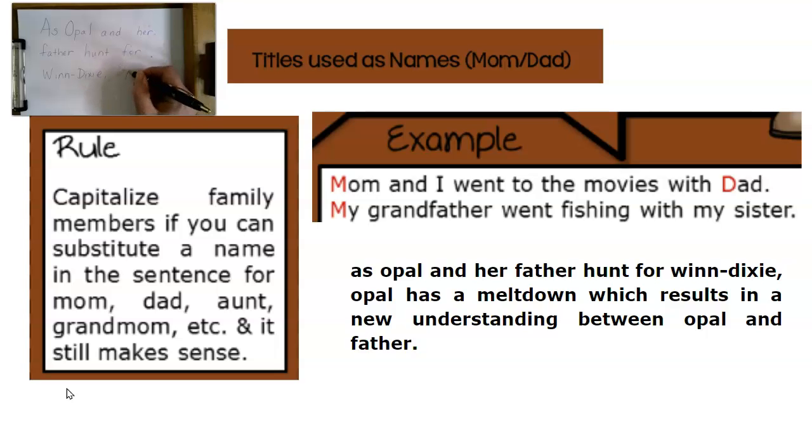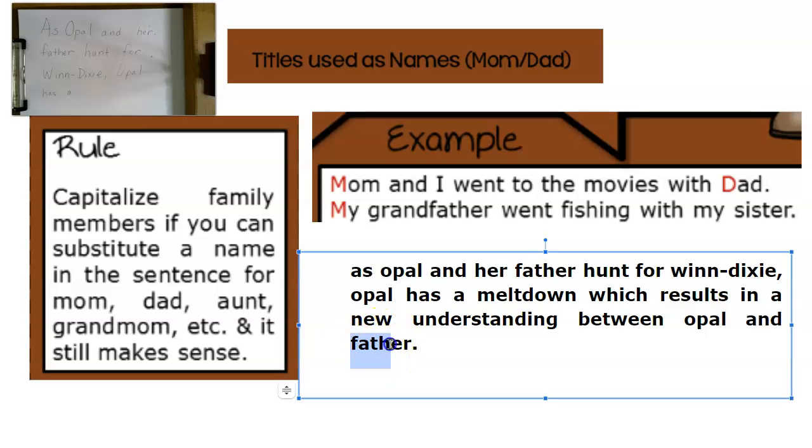Opal has a, and I'm going to let you finish, a meltdown which results in a new understanding between Opal and father. Here, she uses father as her dad's name. That will make that one a capital F there.